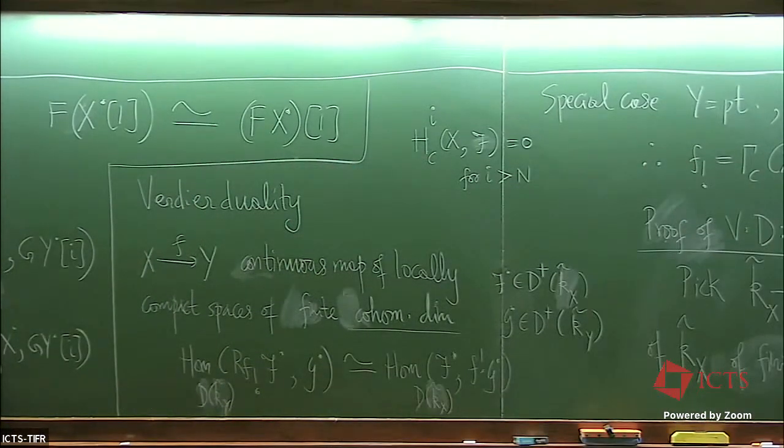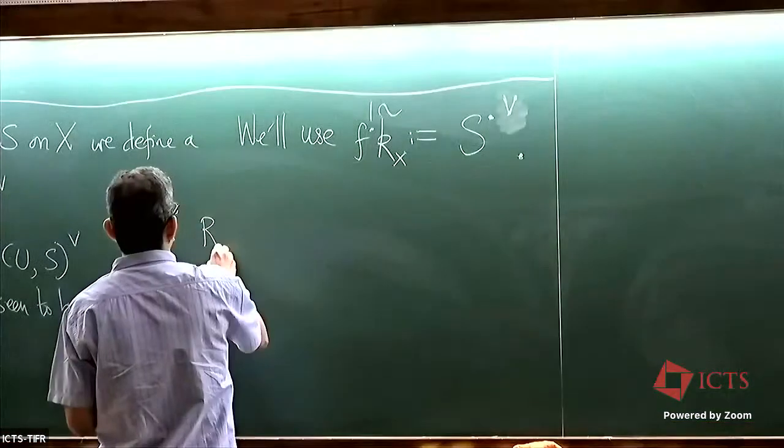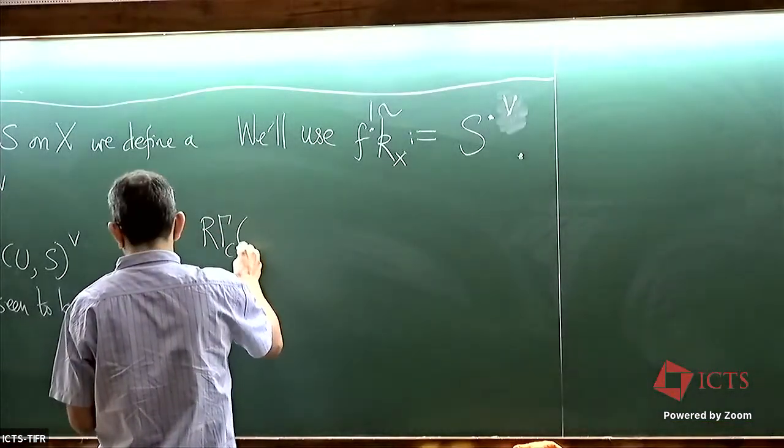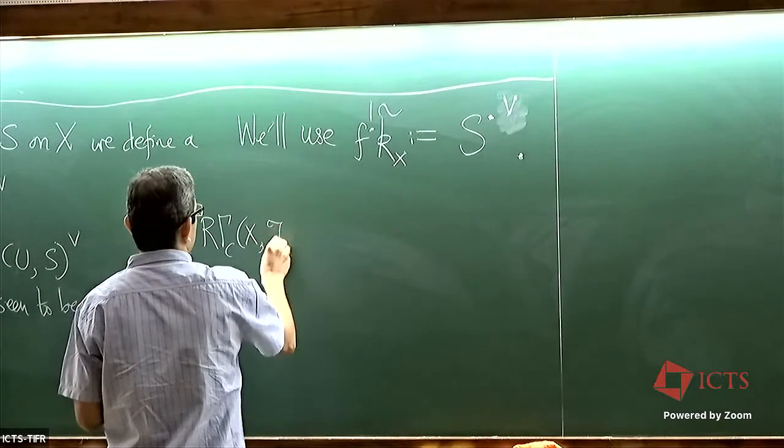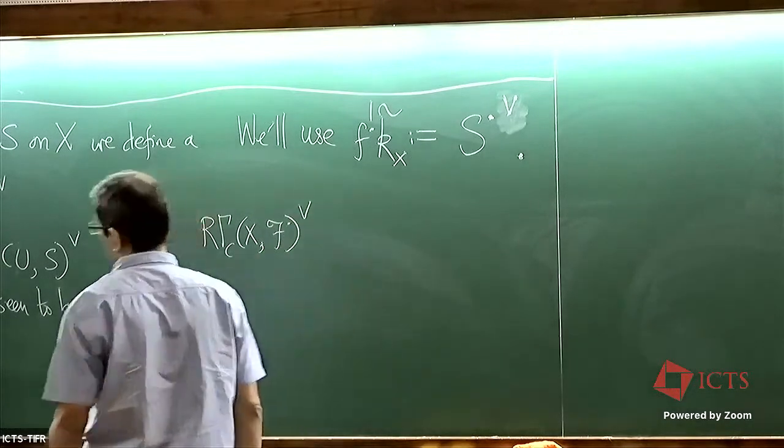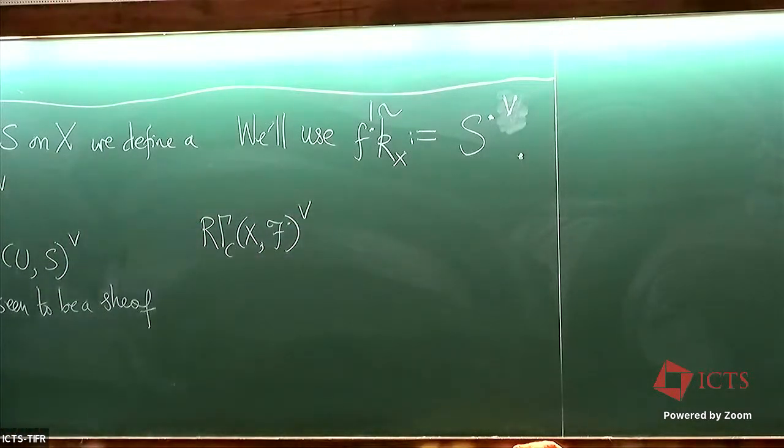So we will cut down on notation. The first thing on the left hand side is the dual of gamma_c of X, F dot. That is what this term is, because G dot is just K, and F lower shriek is cohomology with compact support.